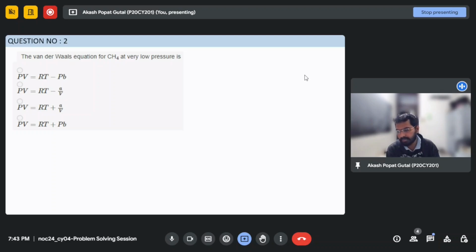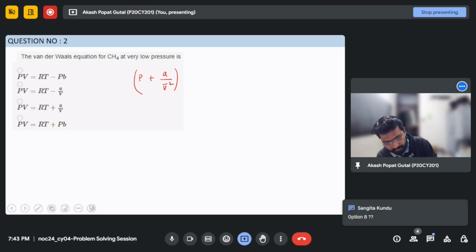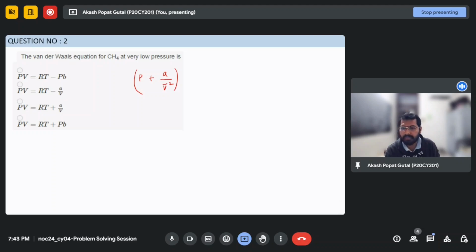Once it becomes negligible, suppose we have the van der Waals equation like this, P plus a by V square. Option is minus a by V, PV is equal to RT minus a by V. Yeah, right. It's option B.